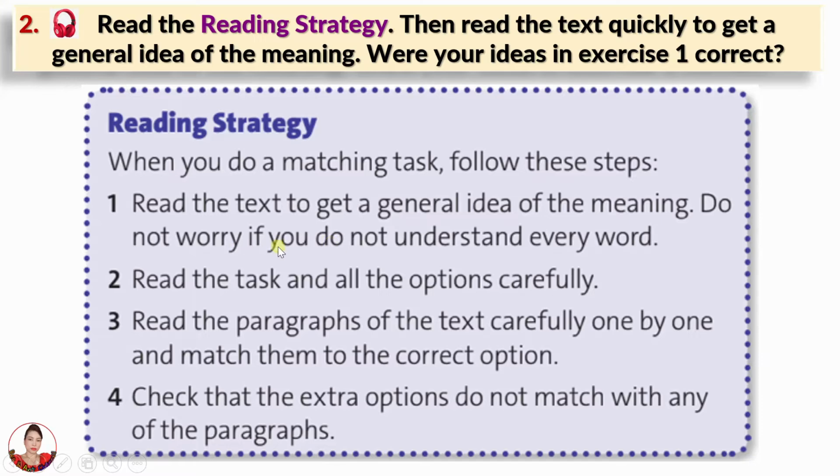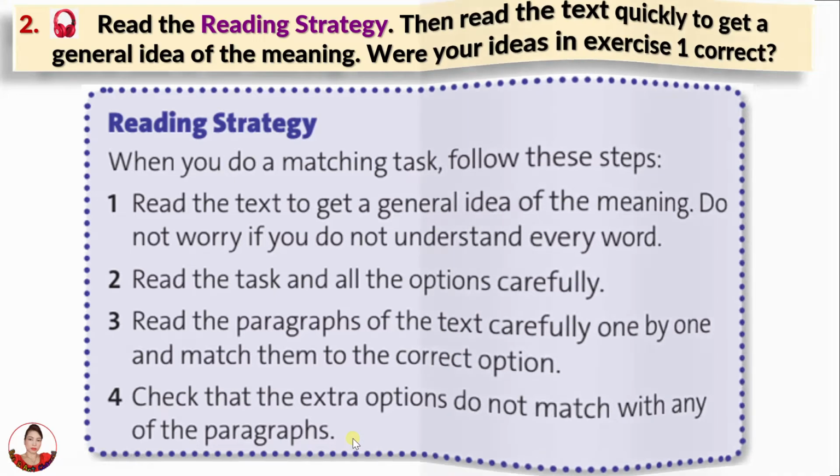Do not worry if you do not understand every word. Number 2, read the options carefully. Number 3, read the paragraphs of the text carefully one by one and match them to the correct option. Number 4, check that the extra options do not match any of the paragraphs.